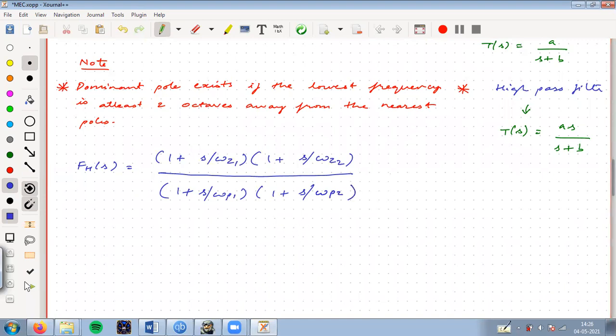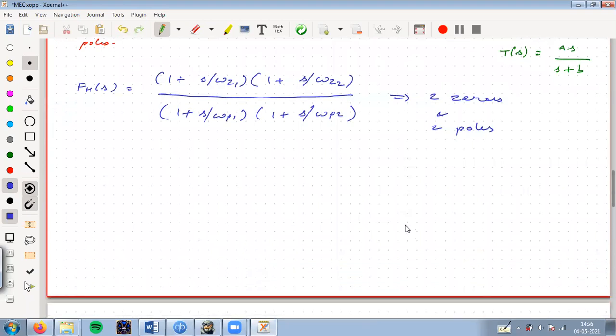So this has 2 zeros and 2 poles. Now using this expression, I will derive omega h. So how to do that? First, take the magnitude.